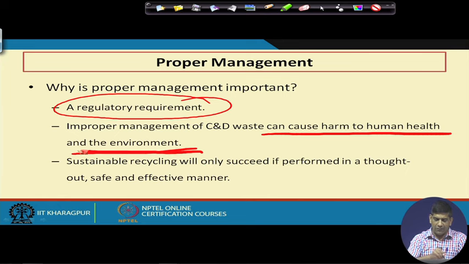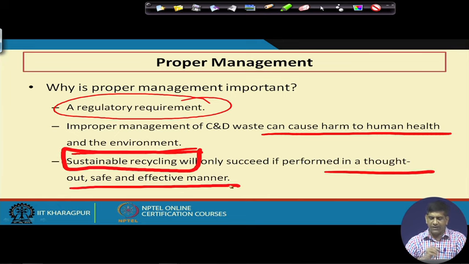Sustainable recycling will only succeed if performed in a thoughtful, safe and effective manner. So in terms of having sustainable recycling, one of the important things is economics has to work. I don't know how many times I've already said this, but economics has to work. You cannot have a subsidy going on in a program for a long period of time.